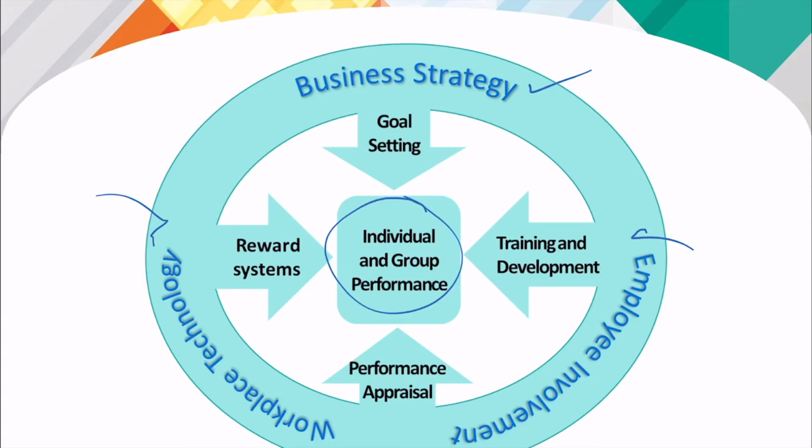The first, we have goal setting from a business standpoint, training and development, performance appraisals, then reward systems. And you want your performance appraisal, reward systems, goals, and training all to line up. There needs to be that consistency there and reliability so that you get the appropriate individual and group performance out of the worker.